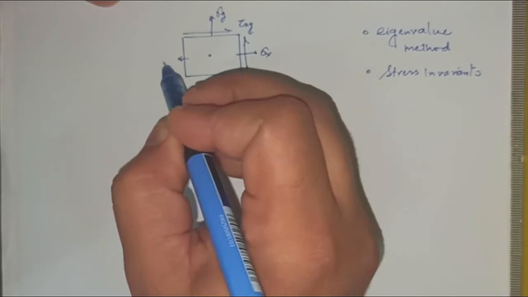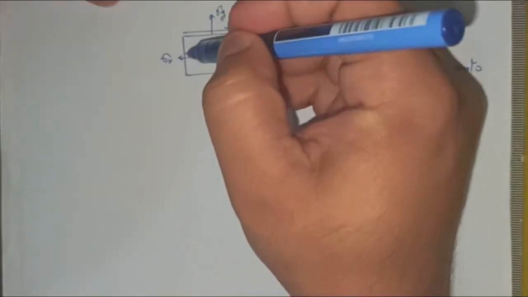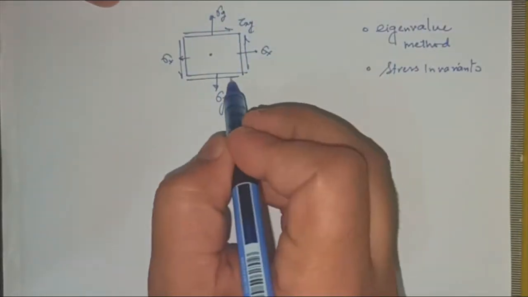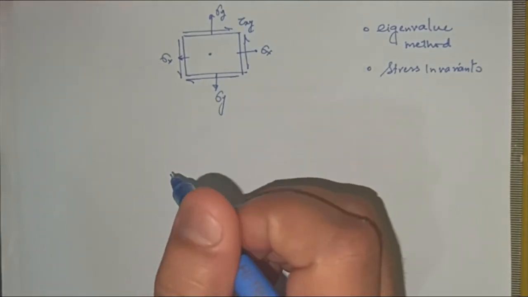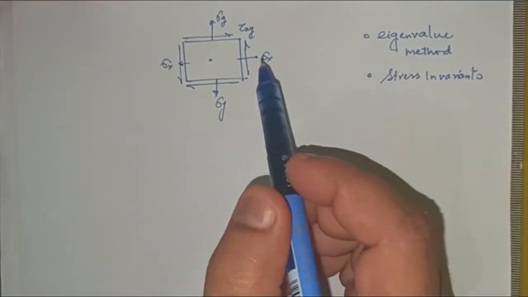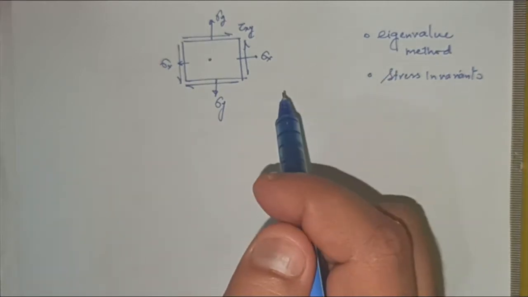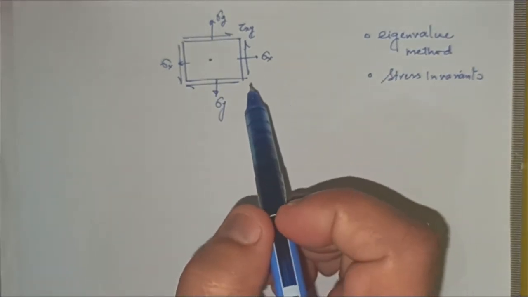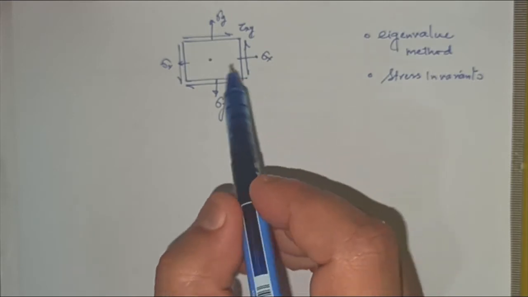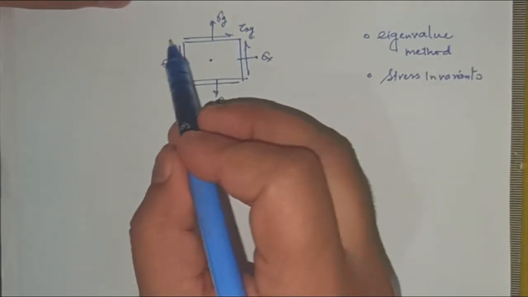So a biaxial state of stress is there, and we have the shear values as well. In 2D, our aim is to find the principal values, the principal state of stress, and the principal values may be oriented at any orientation.